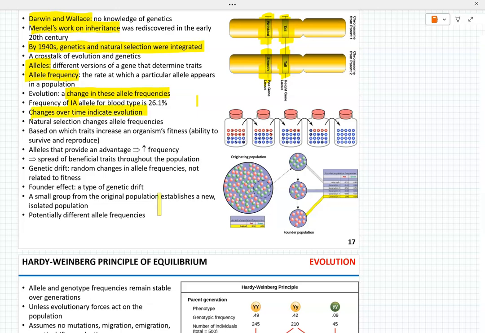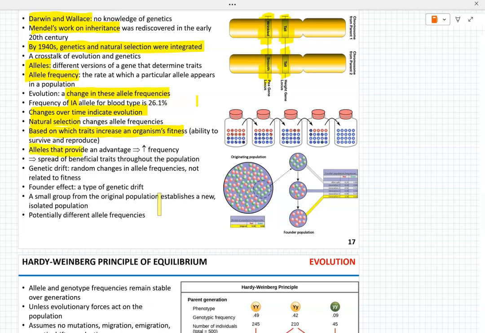And the driving force that changes the allele frequency is natural selection, because some alleles may be more beneficial than others. Essentially, the changes in allele frequencies are based on the traits that increase the fitness of the organism, the ability of the organism to survive and to reproduce.